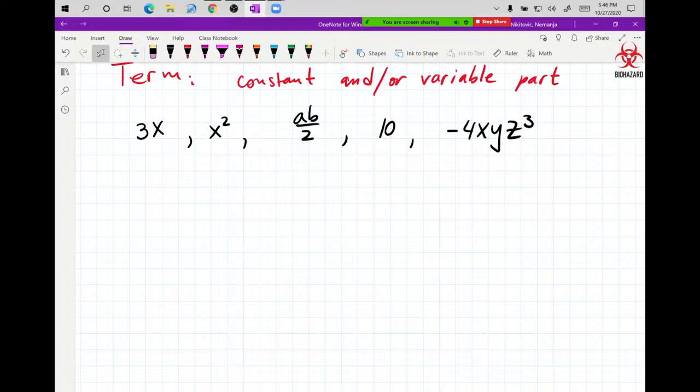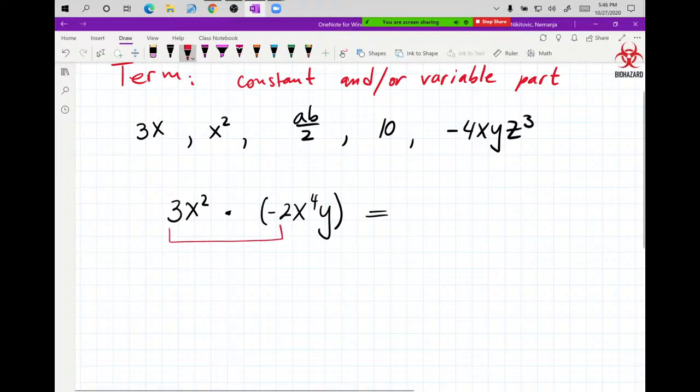So when you have to multiply, let's say, 3x squared times negative 2x to the 4y, the way we multiply is we multiply constants and we multiply variable parts. And we do those separately.